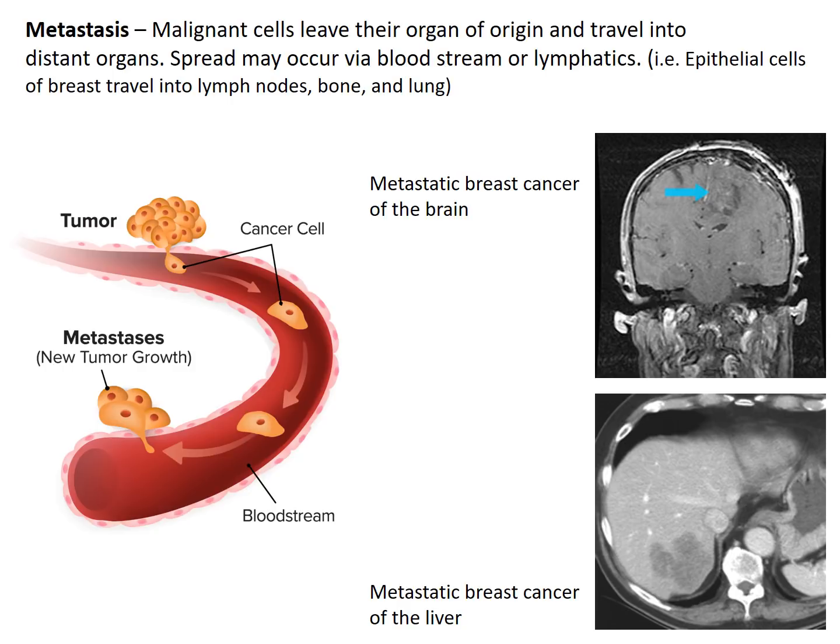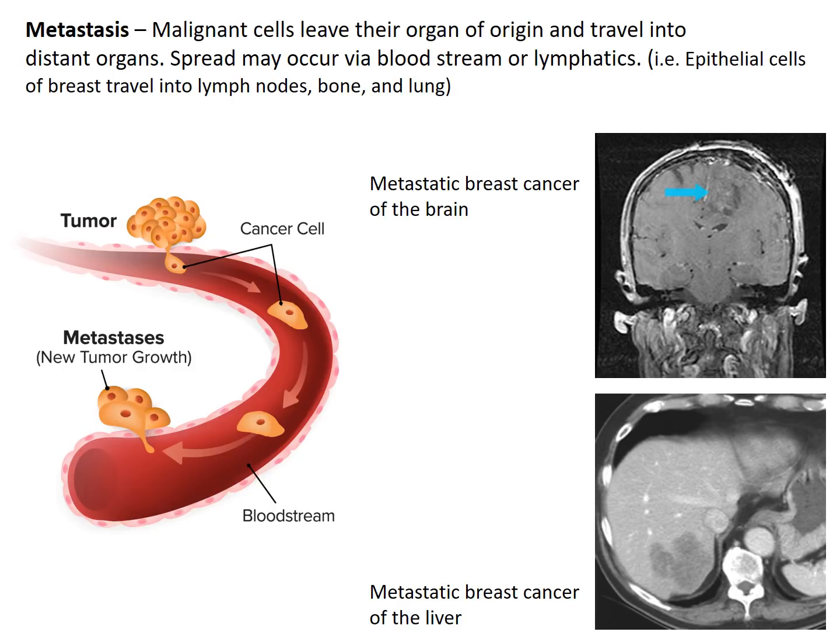So the liver is the big organ that you see on the left. And then look at that darker area of the liver. That's a tumor. Same individual, if those breast cancer cells metastasized and got to the liver, then that would be referred to as metastatic breast cancer of the liver.